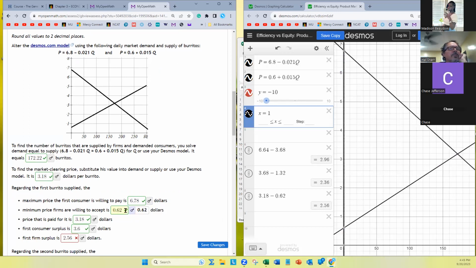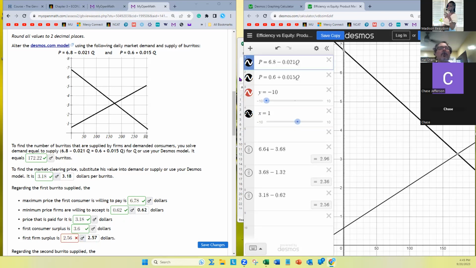Oh, yeah. Well, that number's correct actually. I think it's just a round off error, so it should be 257. I don't know why it's coming up like that. Change the first firm surplus to 257. It works. Thank you. Okay, good. All right, cool.